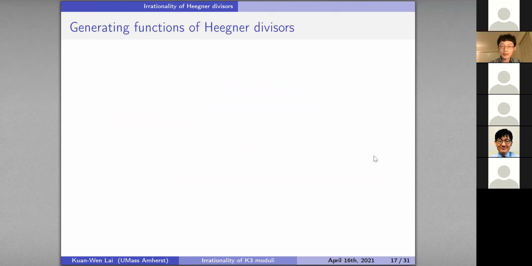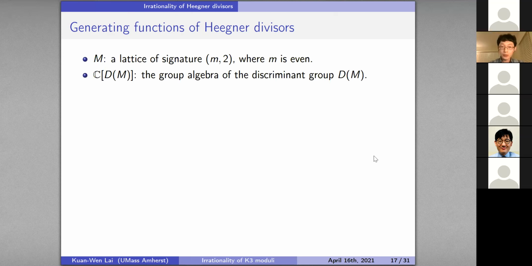And Heegner divisors, it turns out these Heegner divisors form some kind of vector valued modular forms. Recall that we denote by M a lattice of signature (m,2), where m is even, and we'll also consider the group algebra of its discriminant group. To form modular forms, this is going to be our vector space V, so our modular form will take values in this space.